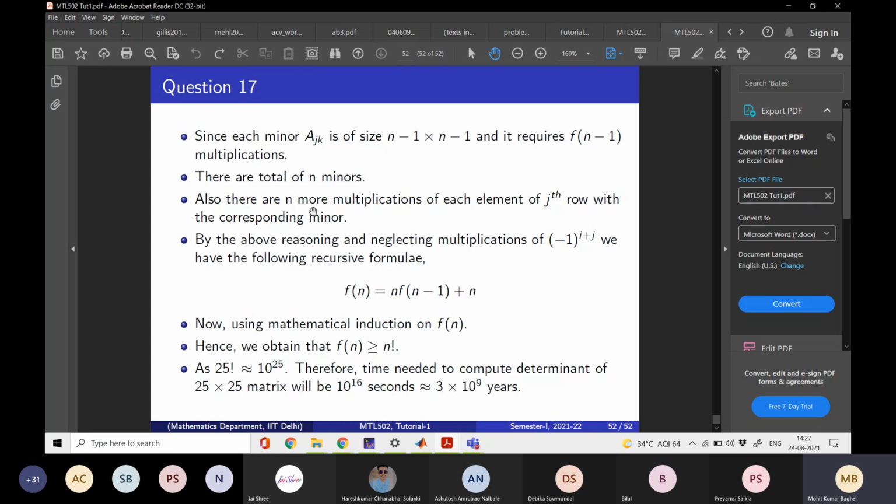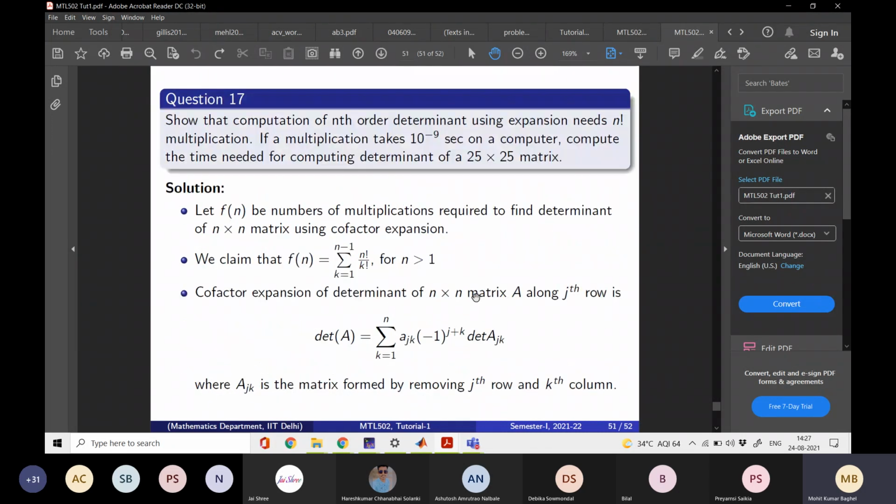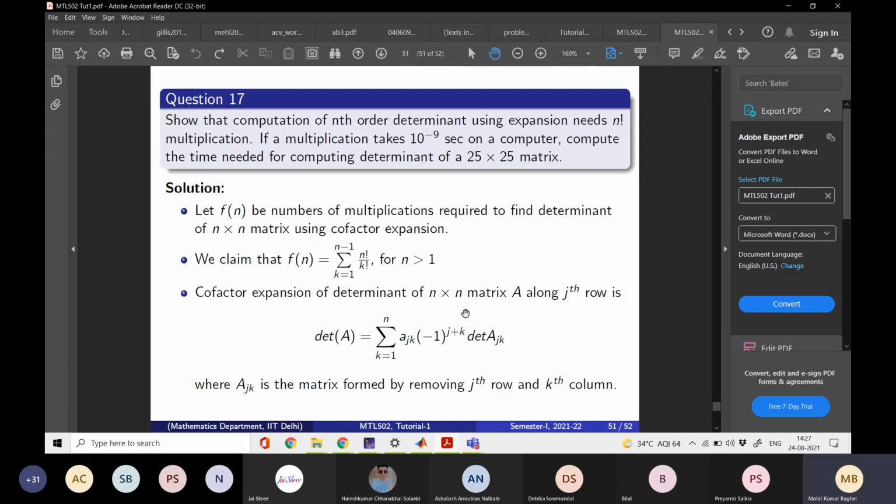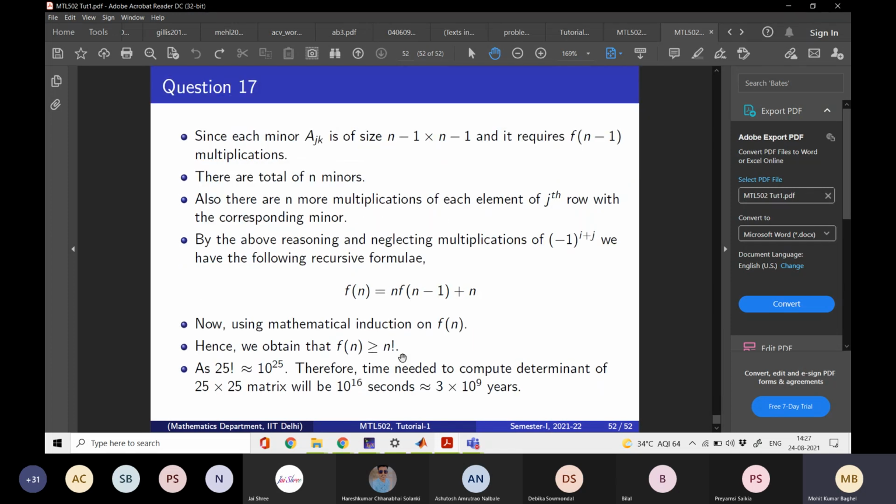If you see logically, you arrive at the relation f of n equals n times f of n minus 1 plus n, where f of n was this. So it will have this n minus 1 factorial term. So fn is greater than or equal to n factorial.